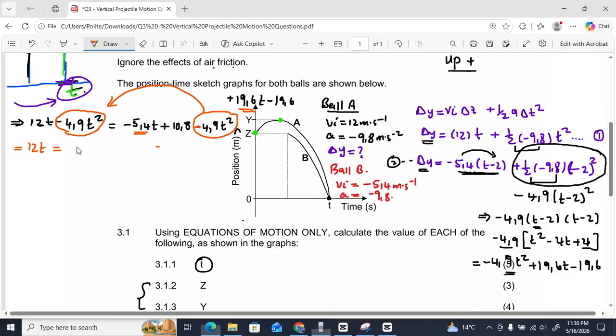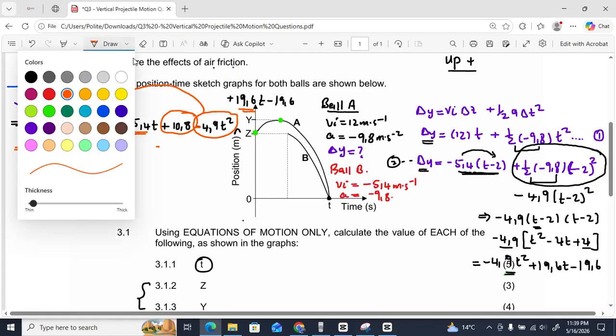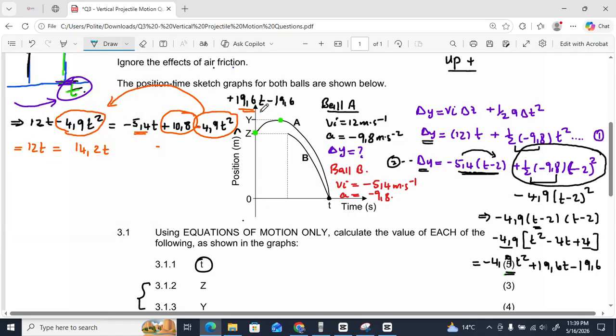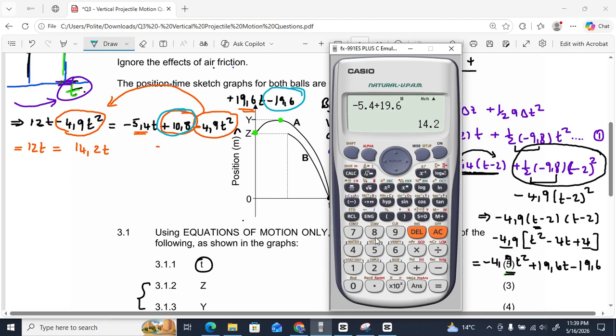So this will be positive 14.2t. Then I need to add the positive 8. Let me just indicate that with a different marker. So this will be the positive 8. I have to add that with the negative 19.6, because those are the like terms, right? So it's going to be positive 10.8.